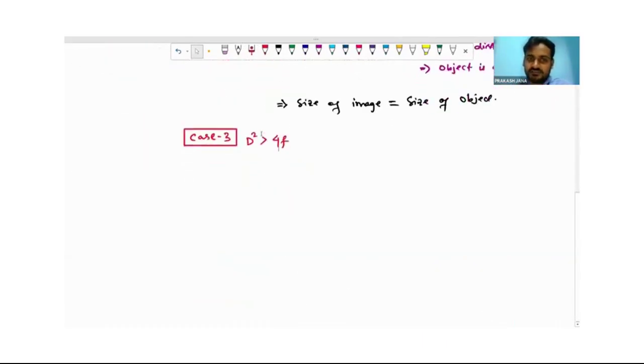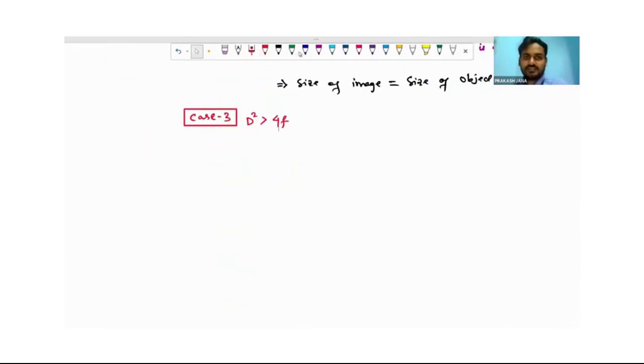So this will become nothing but u is equal to what? u will become, as it was, d plus minus root d square minus 4f by 2. So we will have values, the root over d square minus 4f, it will have a value, it will not be imaginary, it will not be 0.